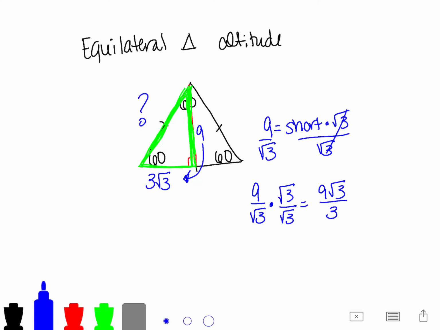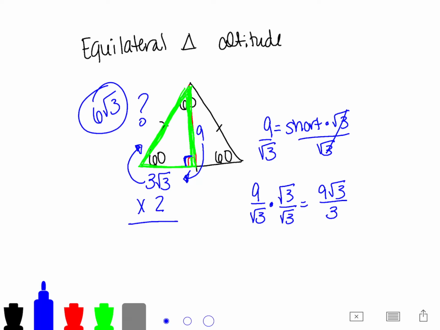Now, that's not going to give me my side of my equilateral triangle. I need to figure out that question mark. So to go from short leg to the hypotenuse, because that is across from that right angle, we just multiply by 2. So 3 radical 3 times 2 is 6 radical 3. So that would be the answer if your altitude was 9.